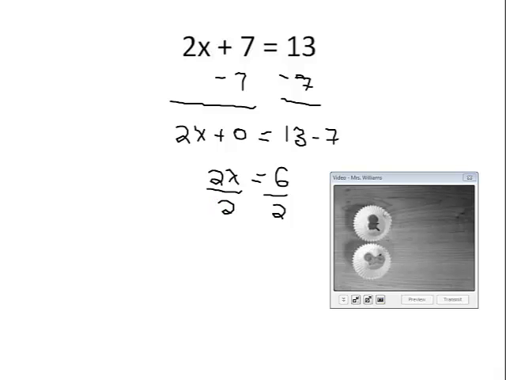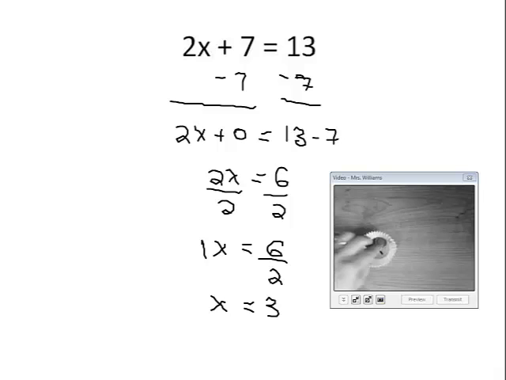So we could really write 1 times x is equal to 6 divided by 2, and we know 1x is just x, and x is equal to 6 divided by 2, which is 3. The way we show that on our board here is by taking these 2 x boxes and dividing by 2, so we only have 1 left, and we can see that there's 3 pennies in that single x box.